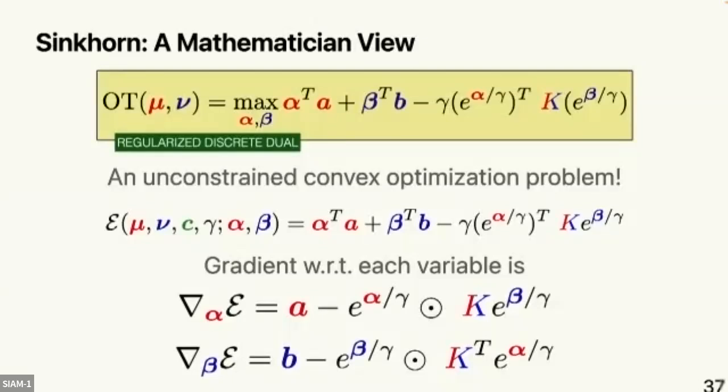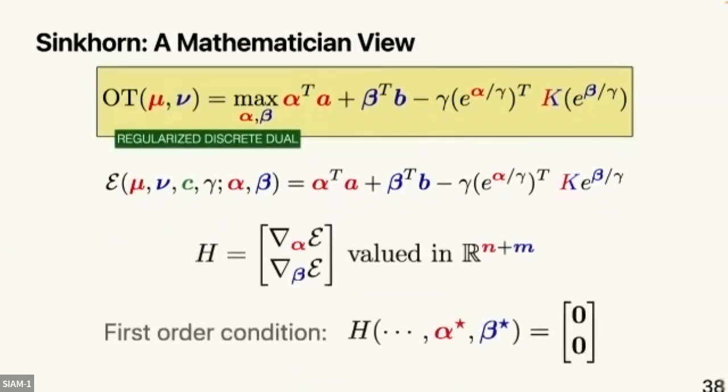The synchronous algorithm, remember, was simply trying to cancel one after the other those gradients with respect to alpha and beta. When you have this energy, you can define a root map that tells you that you are at the optimum. If I consider this map H, which to all of those inputs and optimization variables alpha and beta outputs the gradient of that energy, then you get a vector valued map of size n plus m.